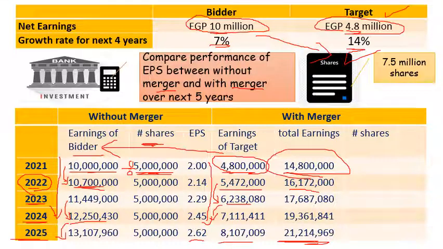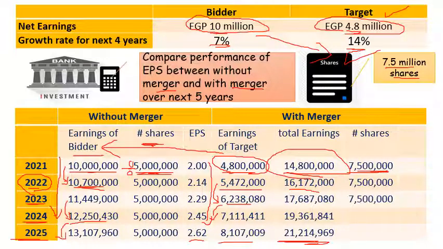So the number of shares of the bidder becomes 7.5 million shares. So we will divide the total earnings after the merger transaction over the total number of shares after the merger transaction, which is 7.5 million shares, to calculate the earnings per share.